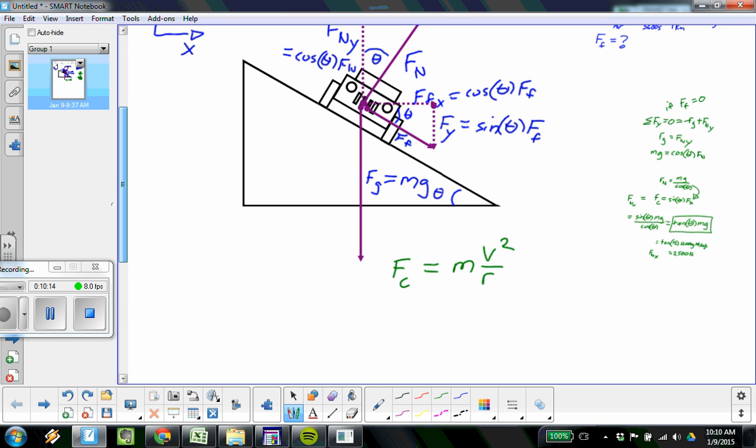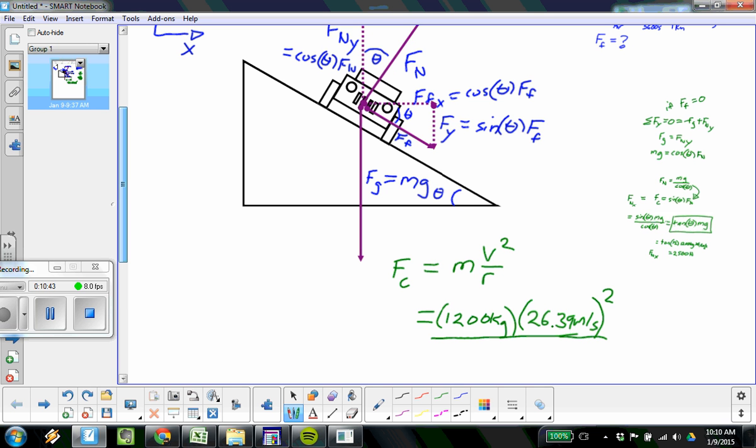And so plugging in our values, this is equal to the 1,200 kilograms times v squared, which is the 26.39 meters per second. The units aren't squared. Well, they are eventually. Here, I'll write that in. Meters per second, and then that squared will square the meters and the seconds.